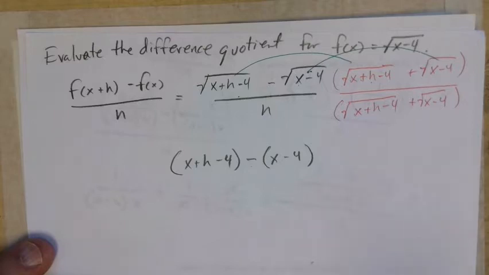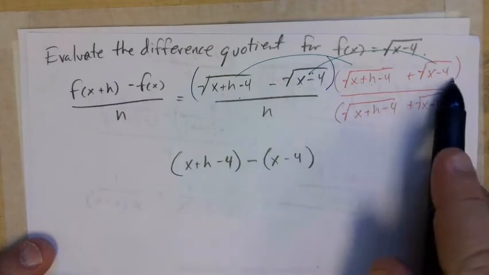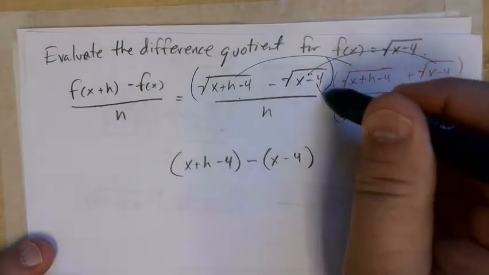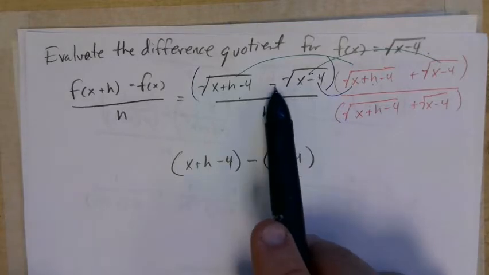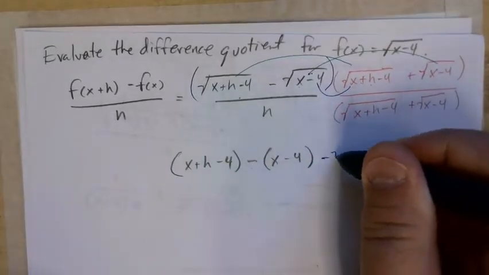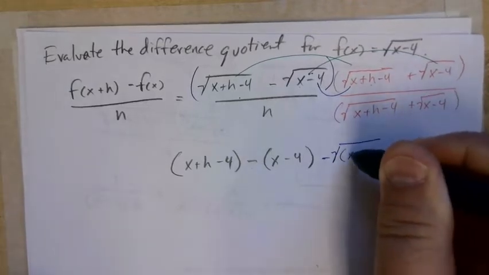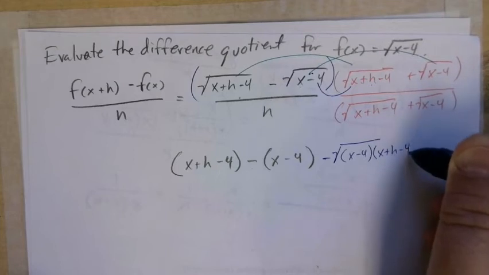Now, in distributing this through, remember you're multiplying that whole numerator times that whole numerator here. So I've got to multiply the middle terms. So check out what happens. I end up with negative this root times that root, well, that makes negative square root of x minus 4 times x plus h minus 4.